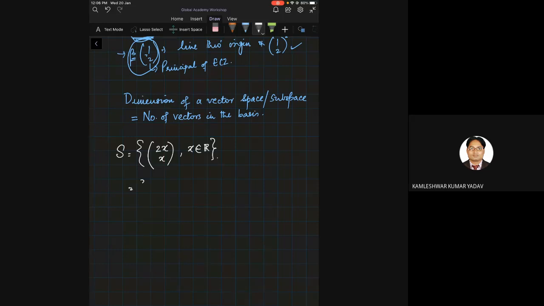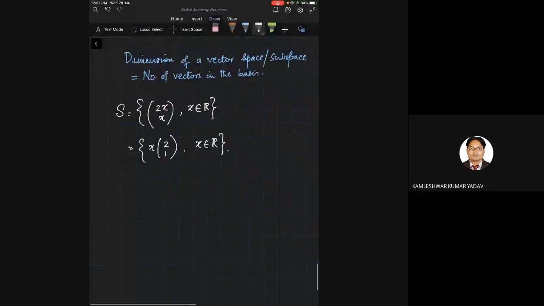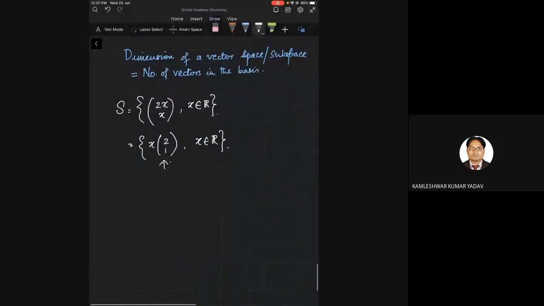This is going to be x(2, 1), where x is in R. How many linearly independent vectors are there in this? This set basically contains only this, because every other element would be a multiple of this (2, 1) vector. Is that right? Therefore, this is a one-dimensional subspace, a 1D subspace of R2.